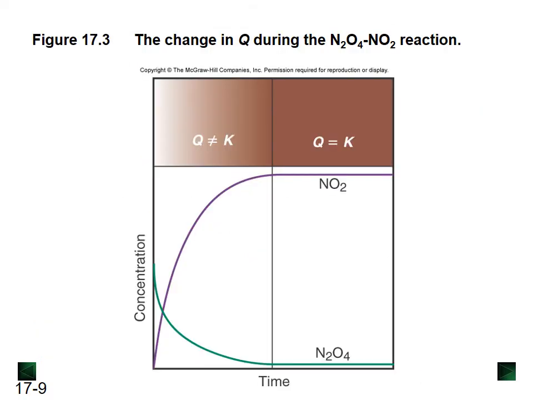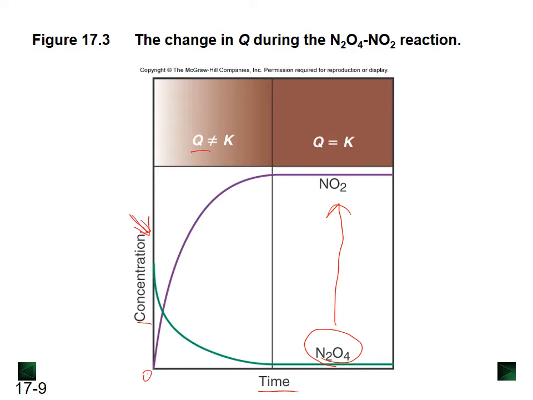This diagram shows the concentrations and reaction quotient as a function of time for the reaction that goes from N2O4 to NO2. At the beginning, you have a high concentration of N2O4 and zero NO2, so no product, only reactants.